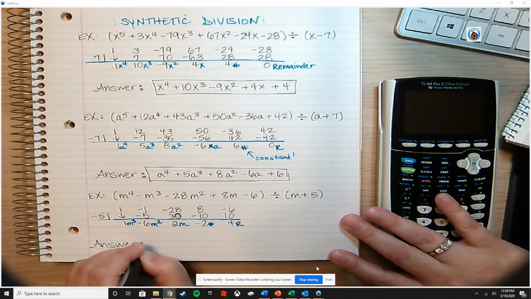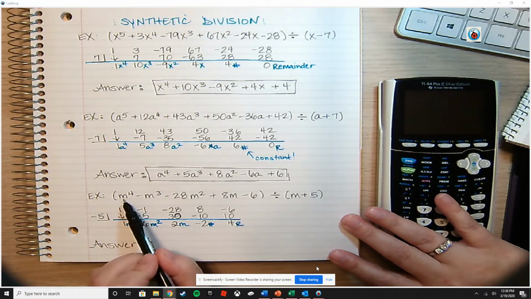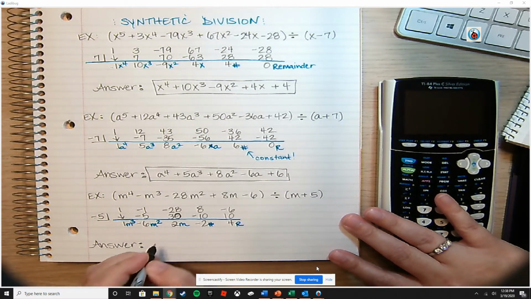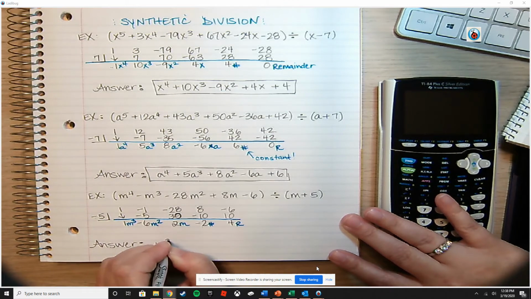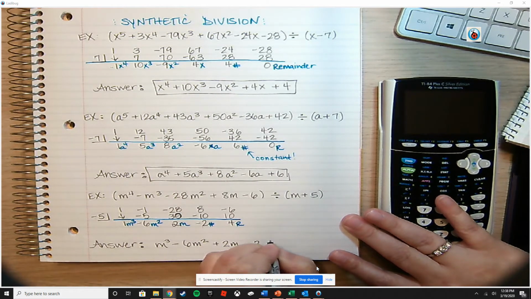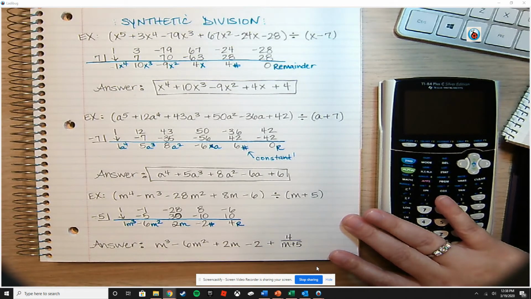Okay, so my answer to this division problem of this polynomial divided by this polynomial is m to the third minus 6m squared plus 2m minus 2 plus 4 divided by m plus 5.